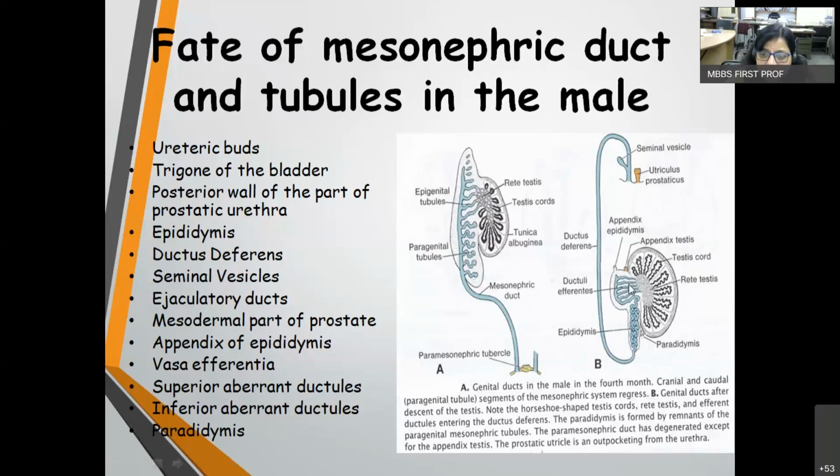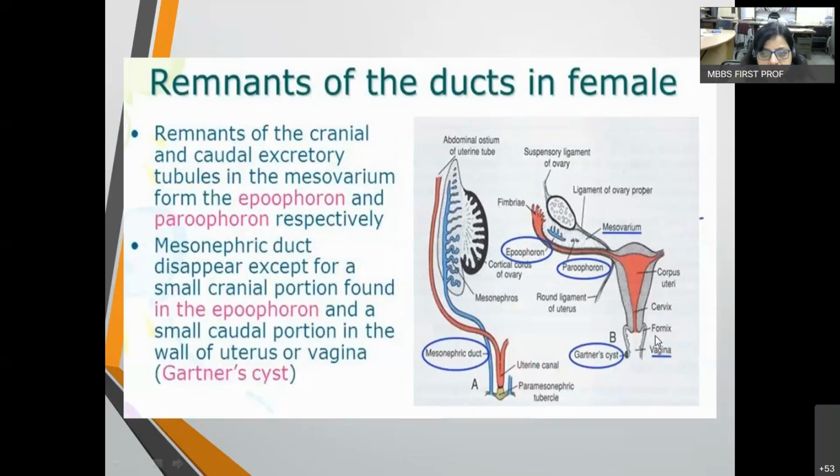Superior and inferior aberrant ductules are present. This I have already explained to you. Oophoron and paroophoron along with Gartner's cyst are in the females.